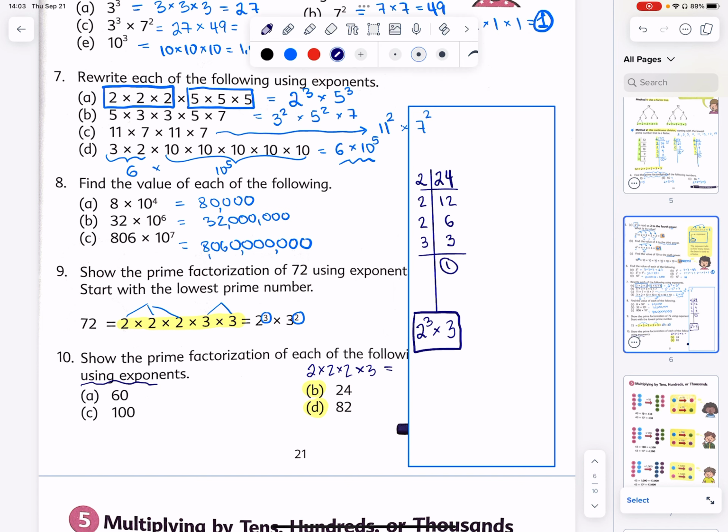Now, the next example is 82. Let's continue. 82. You see how much I can fit on my piece of paper when I go with continuous division. Again, the smallest prime is 2. It's an even number. The quotient is 41. 41? Well, 41 is a prime number. I know that.